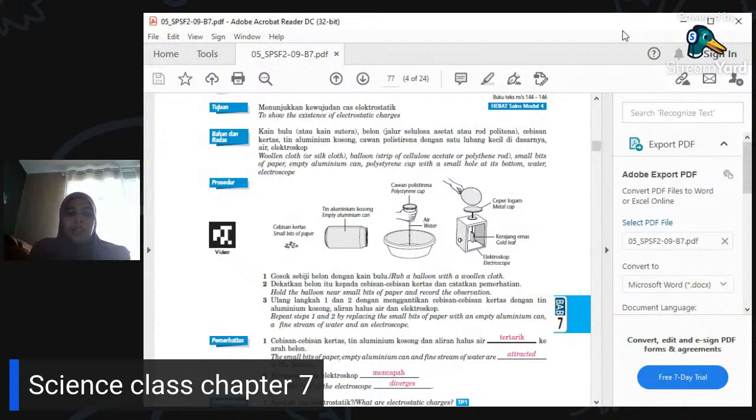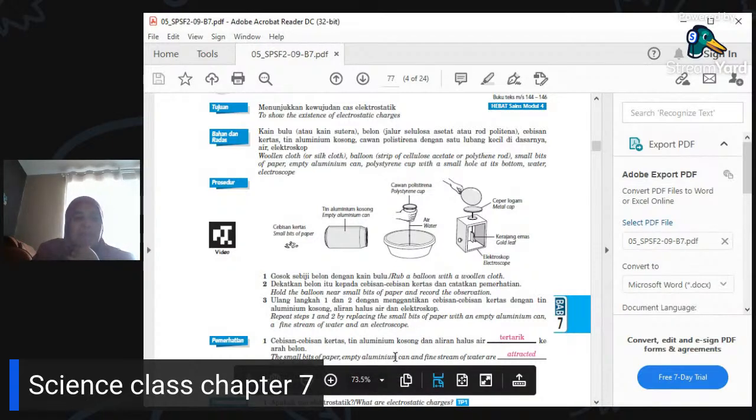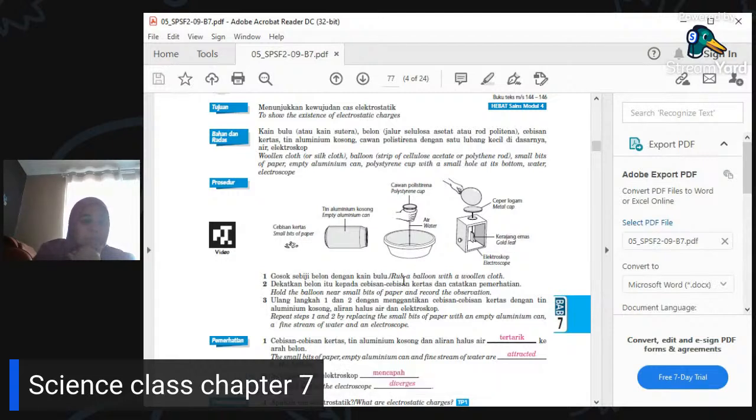What happens when small bits of paper, an empty aluminium can, and a fine stream of water can be attracted to the balloon? First a balloon is rubbed with the woolen cloth, so the balloon will become negatively charged, and the positive charge will go to the woolen cloth.